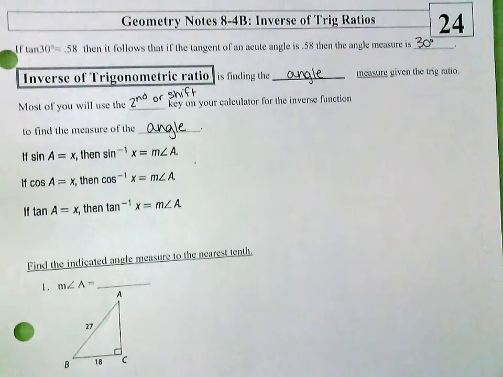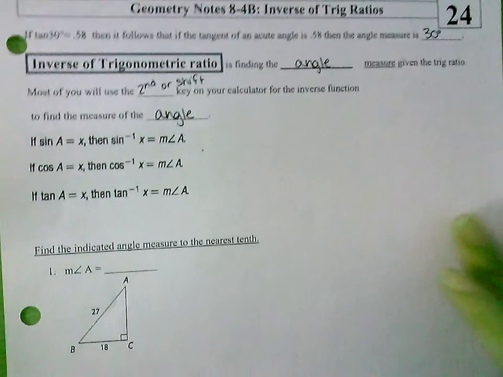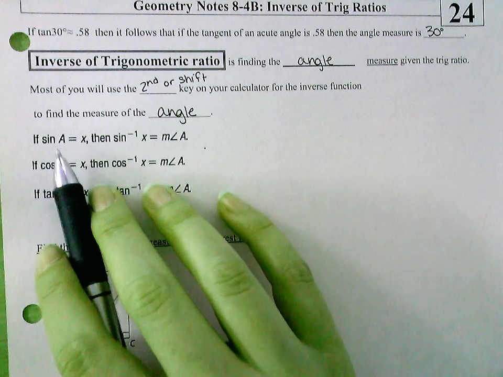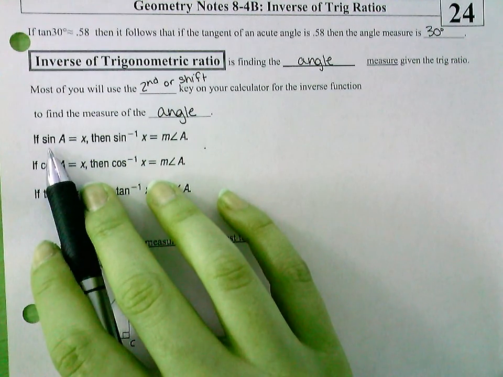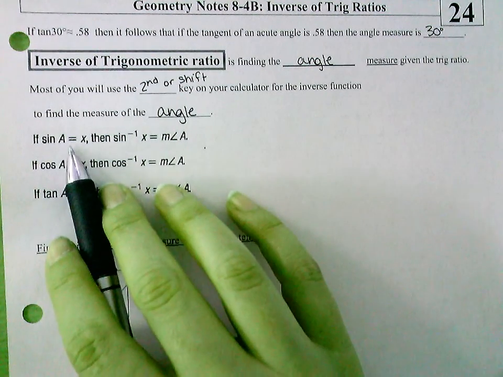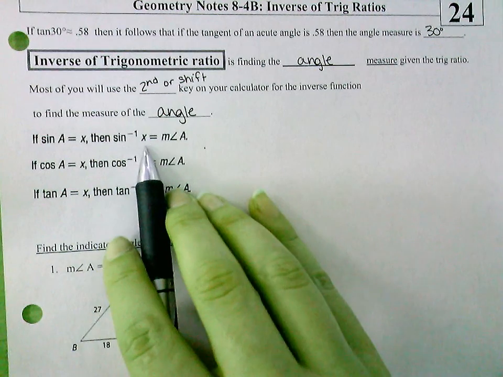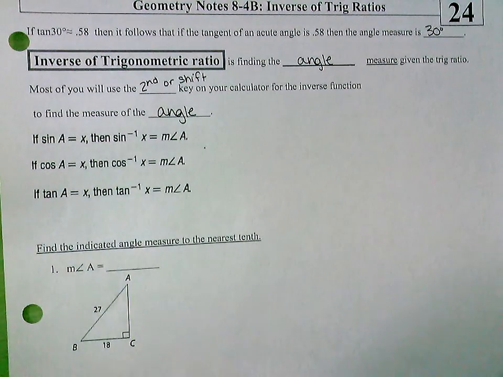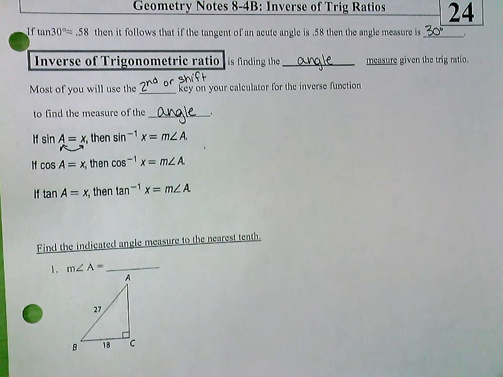So when we take the inverse, if I have sine of angle A, remember our angle is always attached to that trig value there, and that equals x, then sine inverse of x will equal the measure of angle A. So honestly, you can just think, I just need to switch A and x. If you switch them, that's taking the inverse.